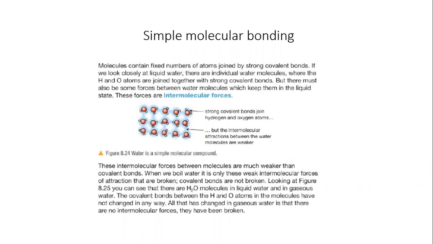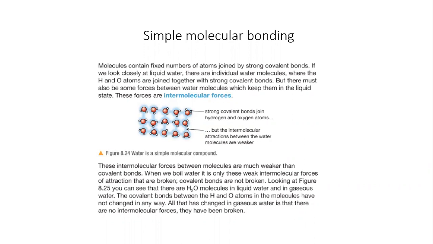So let's quickly go over simple molecular compounds. These are basically when two atoms are joined together by a strong covalent bond, making a molecule. The forces between the molecules are your intermolecular forces. We have done this in quite a lot of detail, so we don't need to go into it.